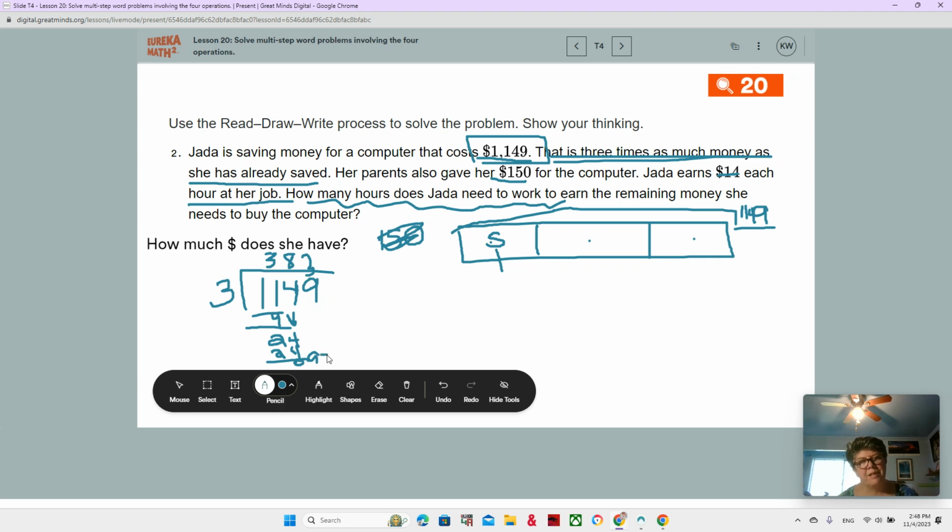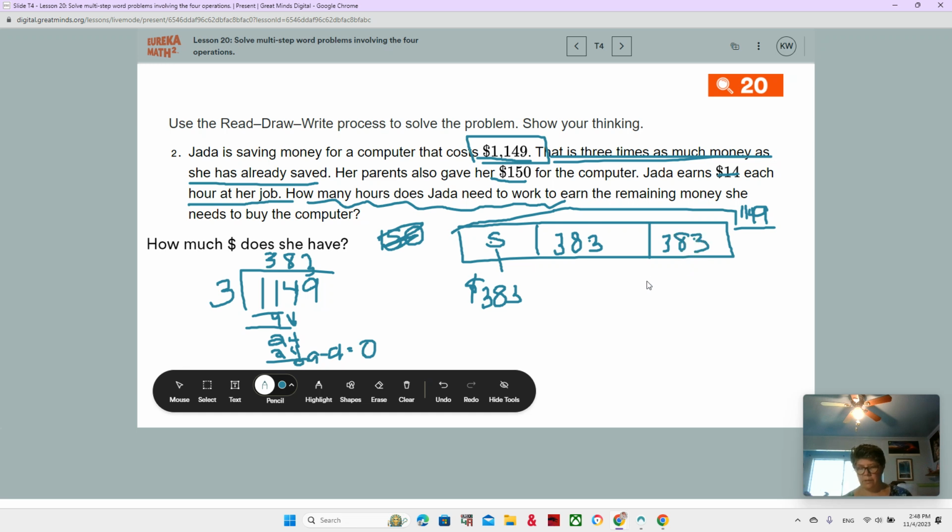Just going to write subtract, and that zeroes us out, right? So 383 is the amount of money that she has saved. And 3 times 383 is 1,149.